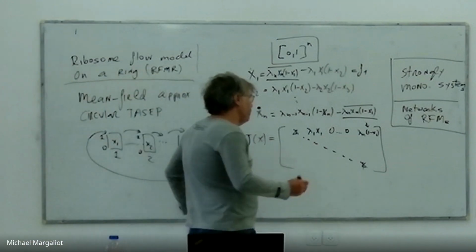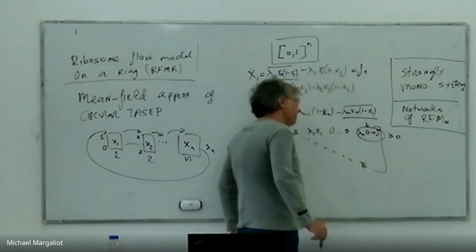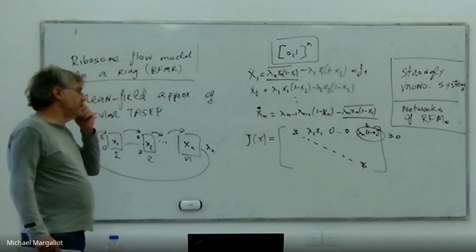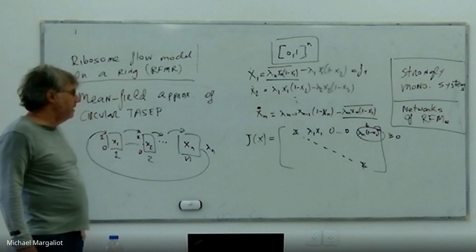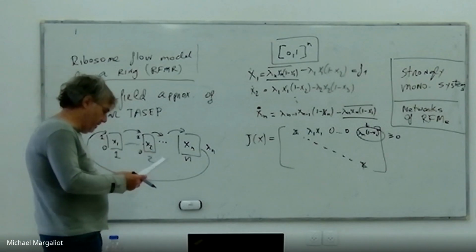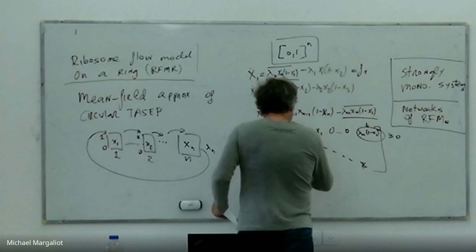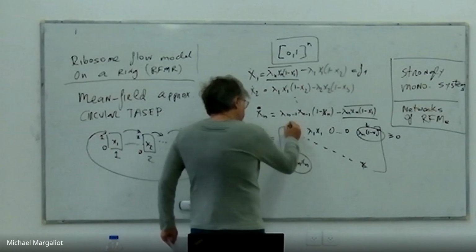But I don't care. All that I care about is that this is always non-negative, because x_1 takes values in [0,1], and then 1 minus x_1 takes values in [0,1]. So this is non-negative. And the rest is very similar. Here I get also a new entry at this corner.